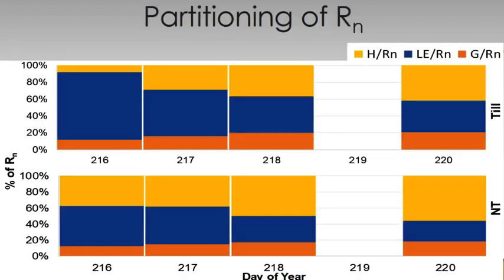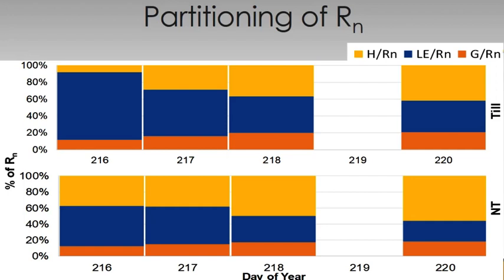In describing all of our partitioning values, soil heat flux, latent heat flux, and sensible heat flux during the period based on energy, we see that latent heat flux is shown in blue, sensible heat flux is in yellow, and soil heat flux is in orange at the bottom.